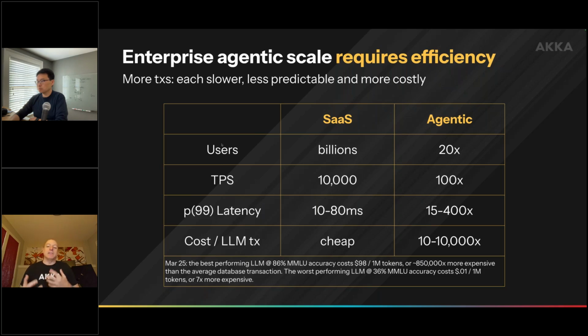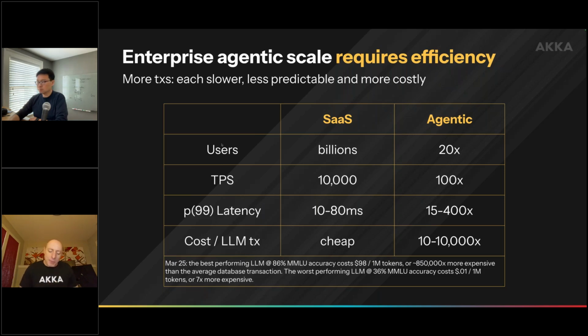If you have these agentic systems operating on their own, there are going to be maybe 20 agents for every user on the planet. They're going to interact with the backend systems way more frequently than a human would, and they're also going to be slower, and they're very expensive to operate. This is a no BS statistic. We took our largest customer who runs zillions of transactions a year.